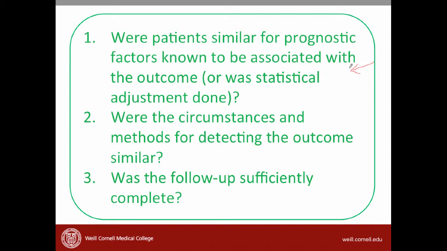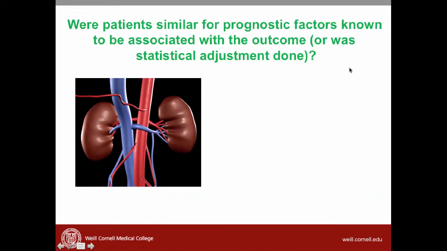Let's focus on this first question. So were patients similar for prognostic factors known to be associated with the outcome, or was statistical adjustment done? If the outcome is kidney injury, there are a lot of things that can predispose an older patient to develop it. Just off of the top of my head, I can think of a few things.